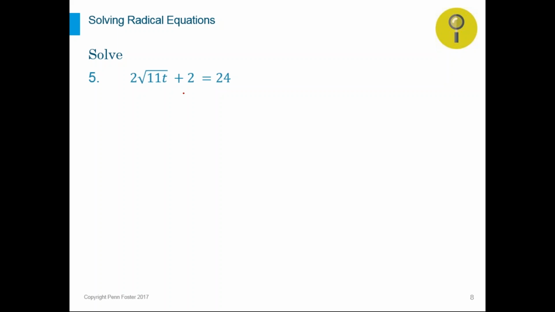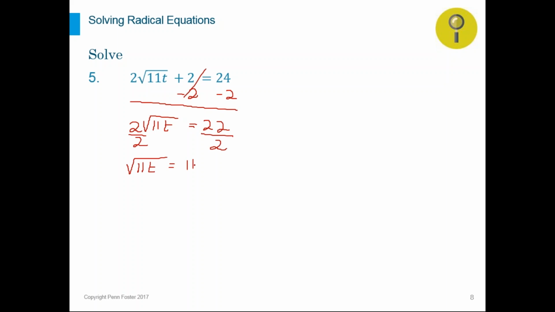So in this case, I'm going to get rid of the plus 2 here by subtracting 2 from both sides. So far I'm going to have 2 times the square root of 11t equals 24 minus 2, which is 22. Now I can divide by 2 on both sides. The square root of 11t equals 11. Not done yet.